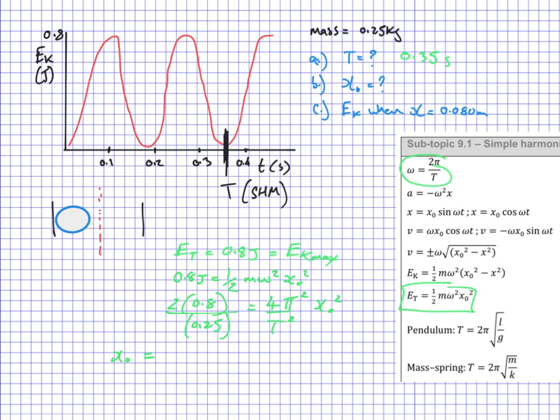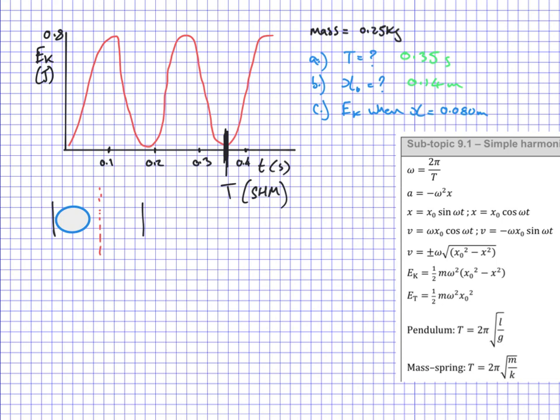Actually, let me put the T in, so it's going to be 0.35, there's my period, and that's going to be squared, and then 2 times the total energy, 0.8 joules, all divided by 4 pi squared times the mass, and then the whole thing square rooted, which gives you 0.14 meters.